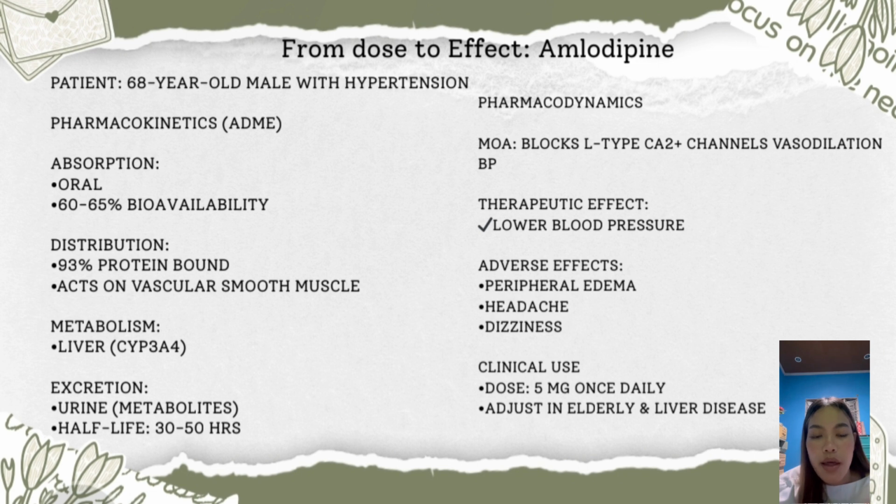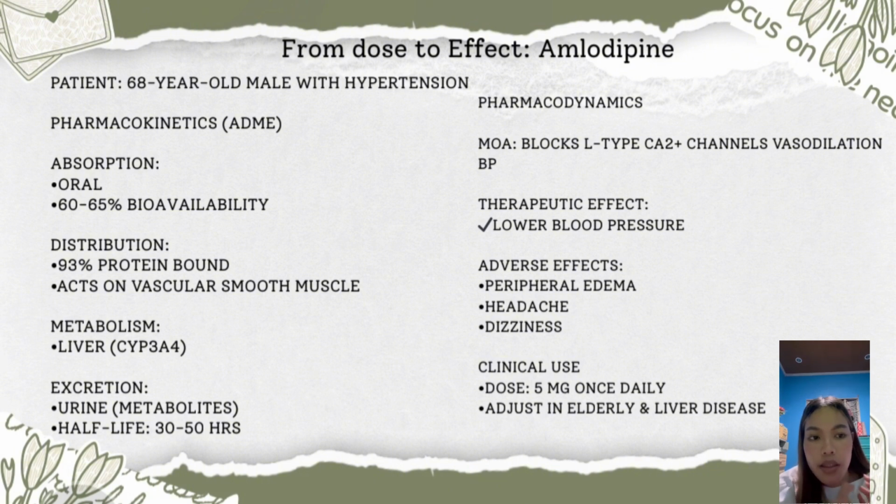As the dose increases, the degree of vasodilation increases, leading to greater blood pressure reduction. However, after a certain point, increasing the dose does not significantly increase therapeutic benefit, but does increase the adverse effects. So this demonstrates the concept of a dose-response curve and therapeutic window.